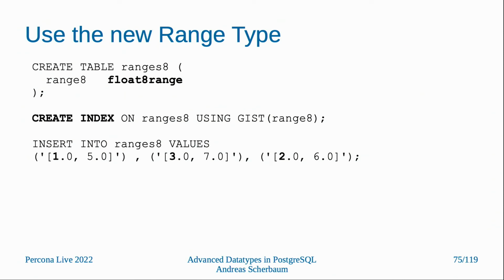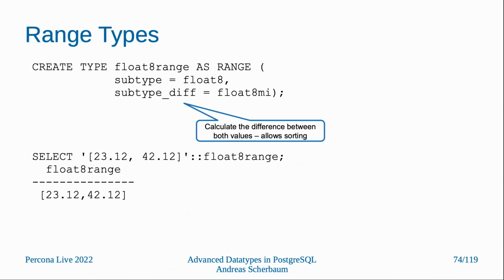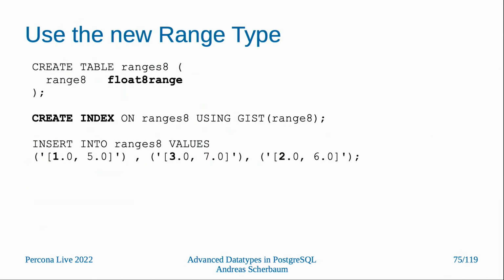And now if I want to use this type in my table, because I specified which function can do the calculation of the difference, Postgres is actually able to create an index on my column because it knows how to figure out which value is bigger or larger and which value is smaller. It's literally all it needs. If I specify this, it gives Postgres the ability to index my data type.